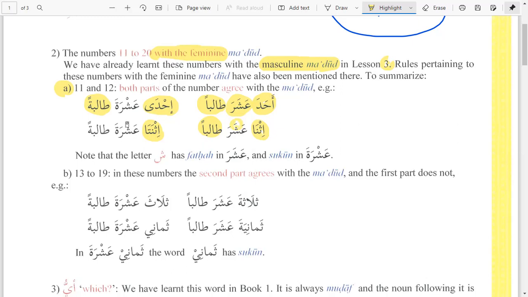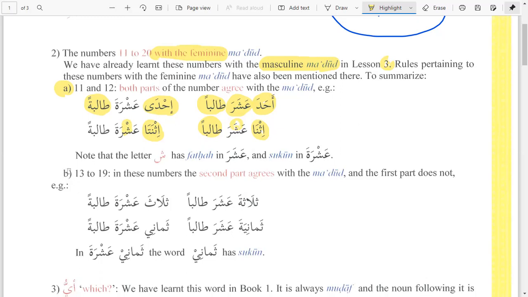You see here this sheen has sukoon. For masculine, we use ashara, and for the feminine counting, we use ashrata. The sheen we make sukoon.